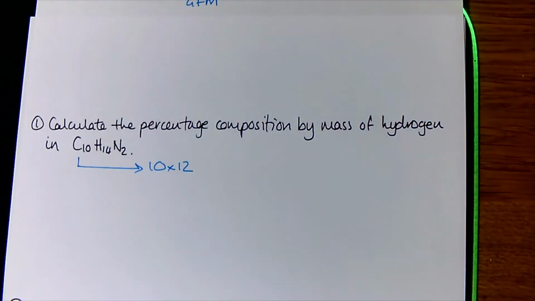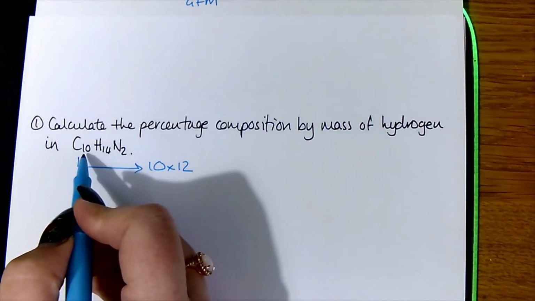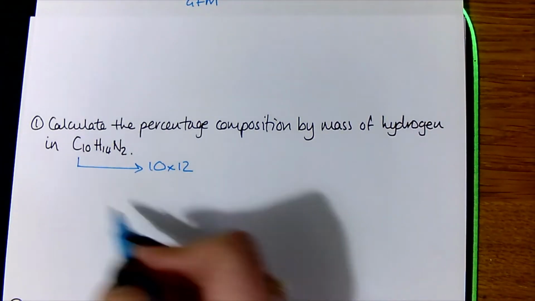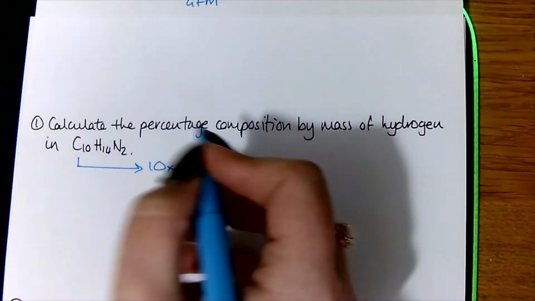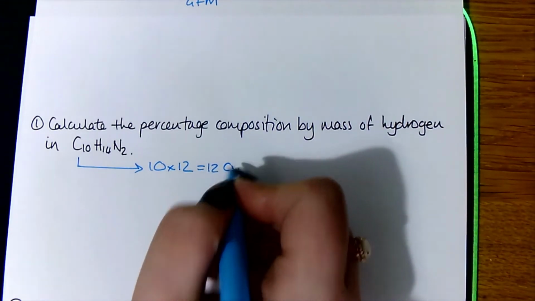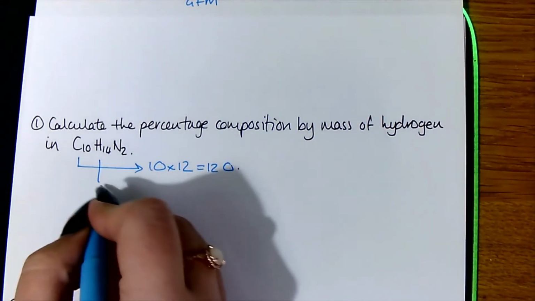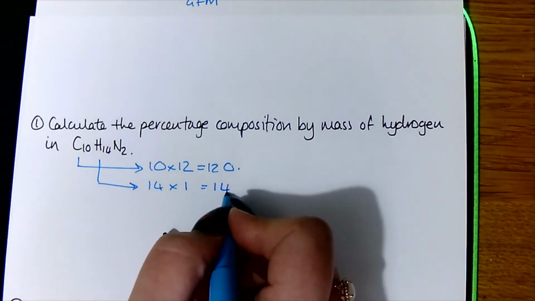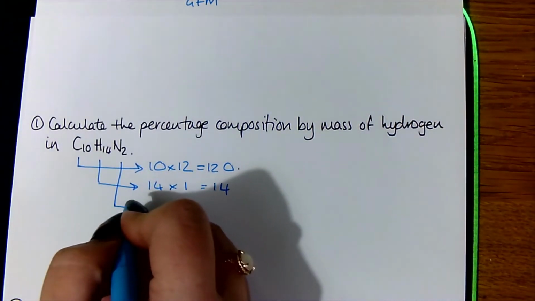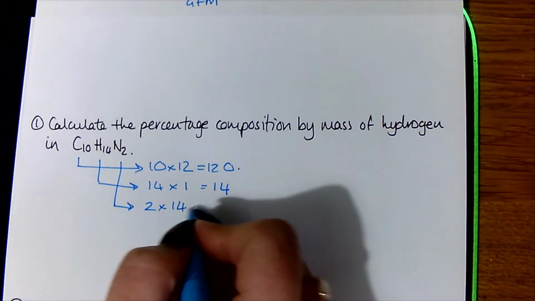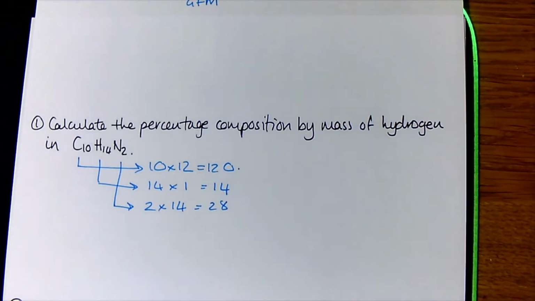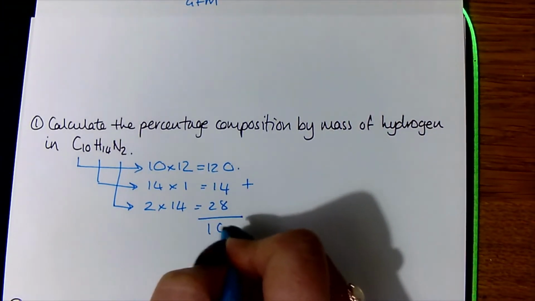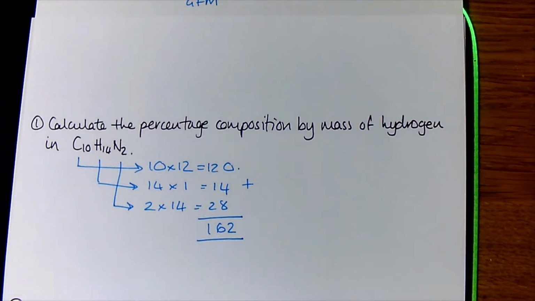Remember, for gram formula mass, you times the number of atoms in the substance by the relative atomic mass of that element. We then add all these figures up and we get a gram formula mass of 162.